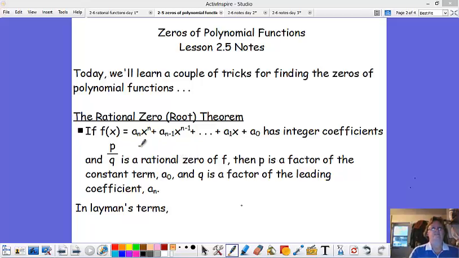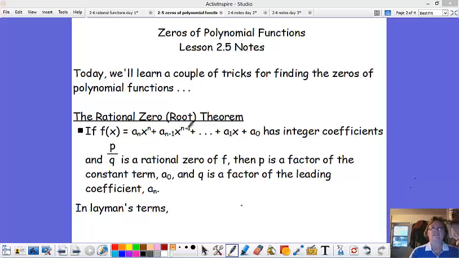If f of x equals, and then there's all this algebra, but ladies and gentlemen, that's just displaying what a polynomial function looks like. Constant times x to some power, arranged in decreasing or descending powers of x until we get to the very last thing, a constant.